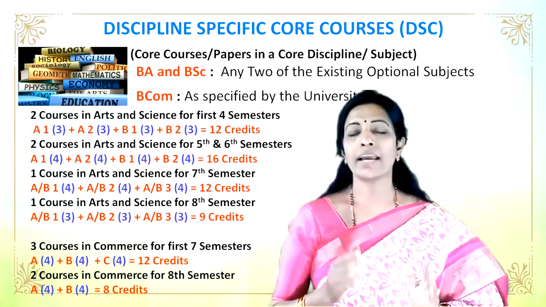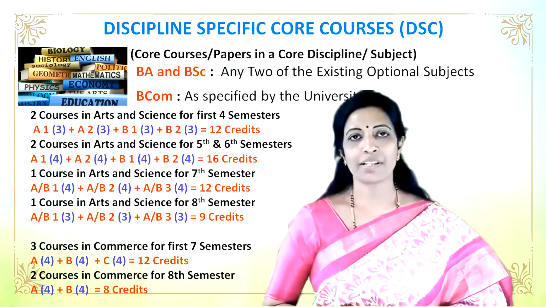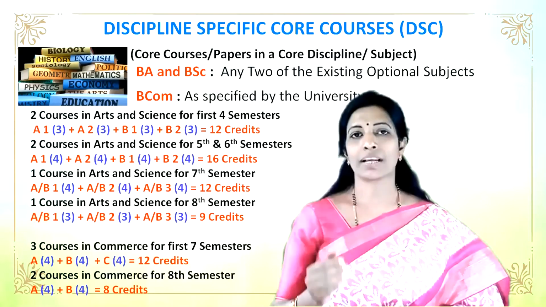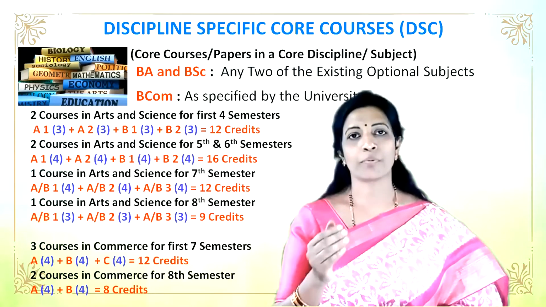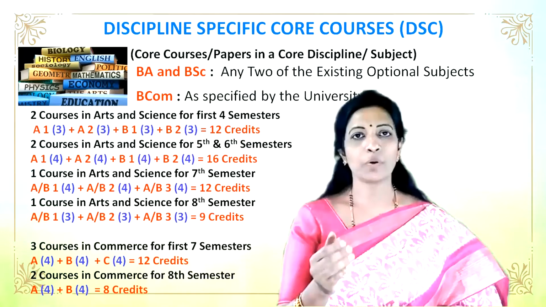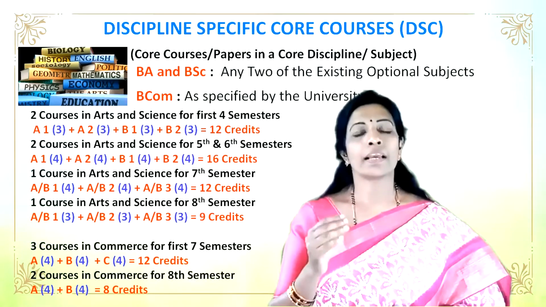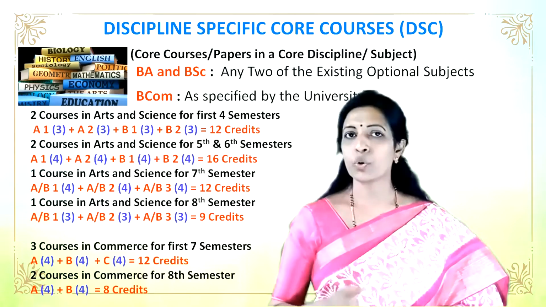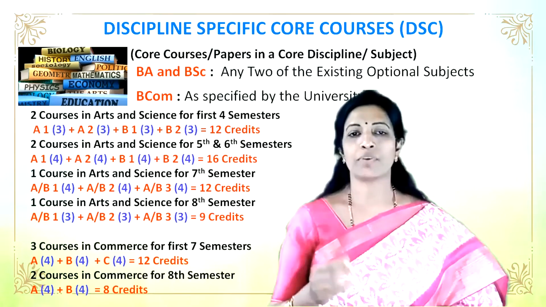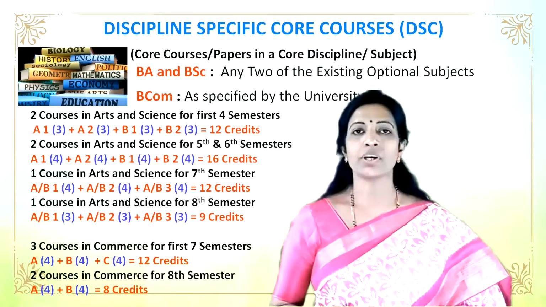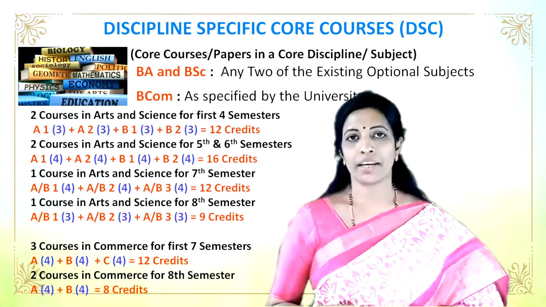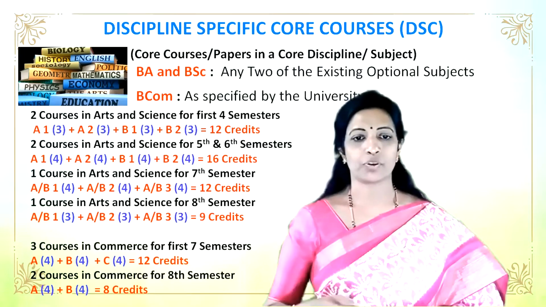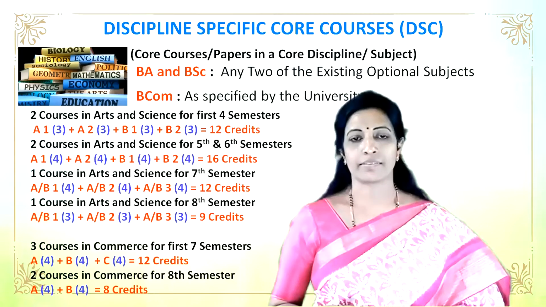So, at the end of each of the first 7 semesters, the student will collect 12 credits by studying the discipline core subjects. In the 8th semester, the student will have to study only 2 core subjects, which will carry 4 credits each. So, at the end of the 8th semester, the student will manage to collect 8 credits.